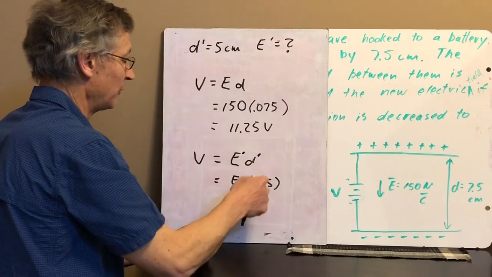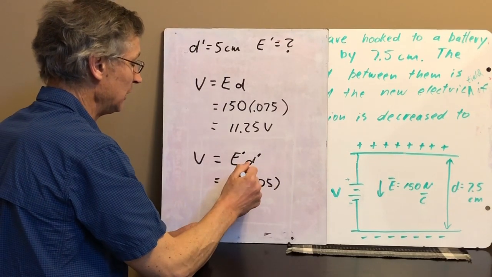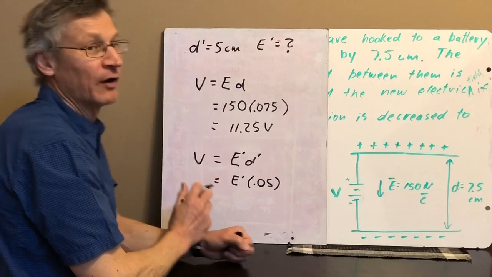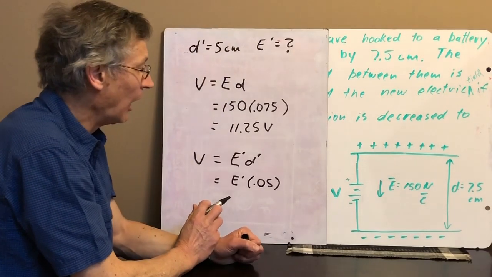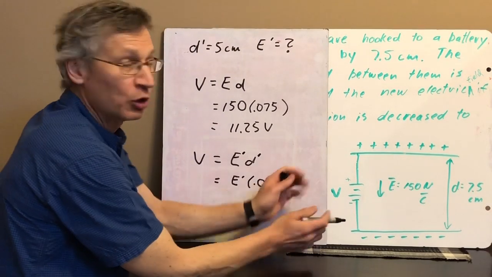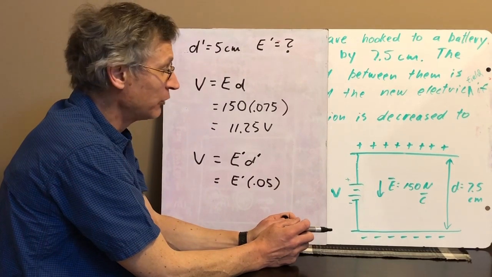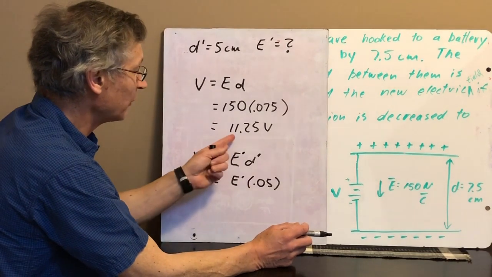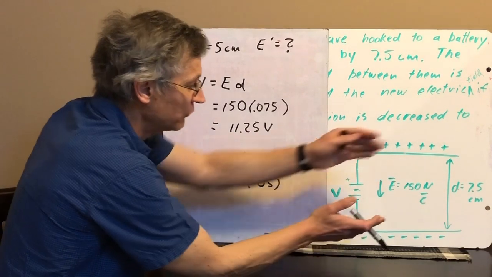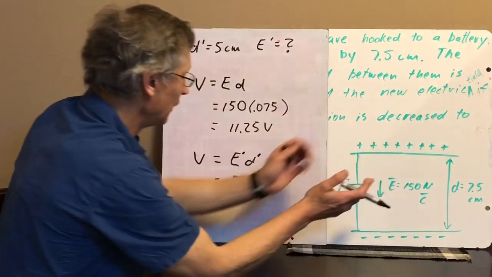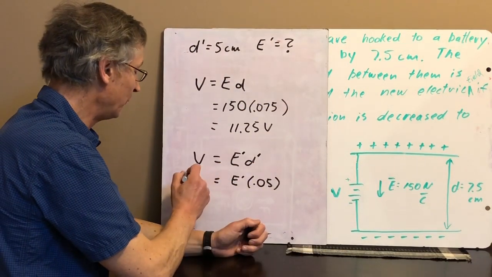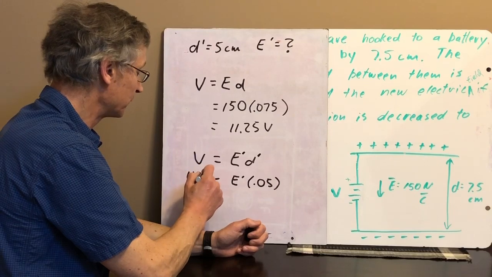D prime is 5 centimeters and E prime is what we're trying to find. What's the voltage? Well, they're still hooked up to the same 11.25 volt battery, so the voltage between these two plates is still going to be 11.25 volts.